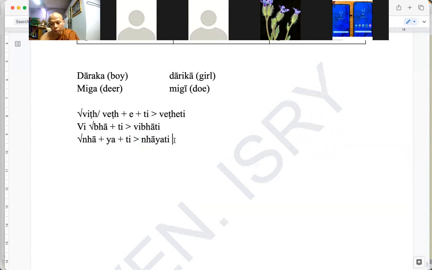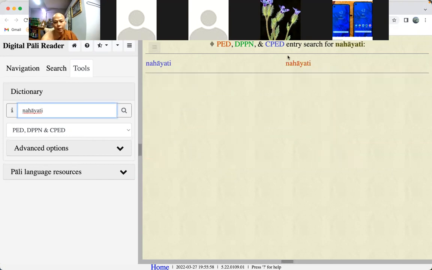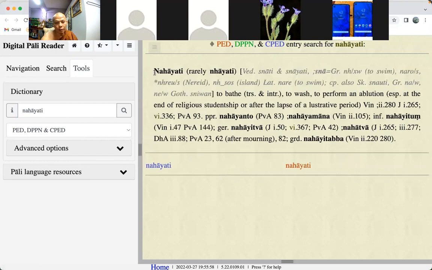So to avoid that position, by adding the vowel, nahayati also, two forms actually. So nahayati, you see, nahayati or nayati also. Actually, root is na, originally na, but later vowel is inserted, sana, or maybe in other language.